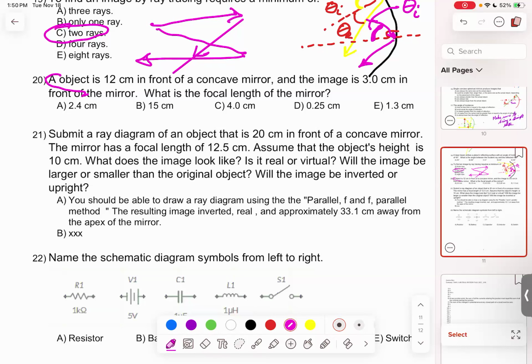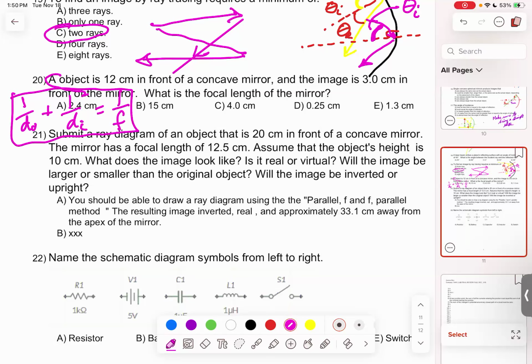Okay, so number 20. An object is 12 centimeters in front of a concave mirror, and the image is 3 centimeters in front of the mirror. What is the focal length? Well, there's not too much to that one. This requires our formula: 1 over d naught plus 1 over di is equal to 1 over the focal length.